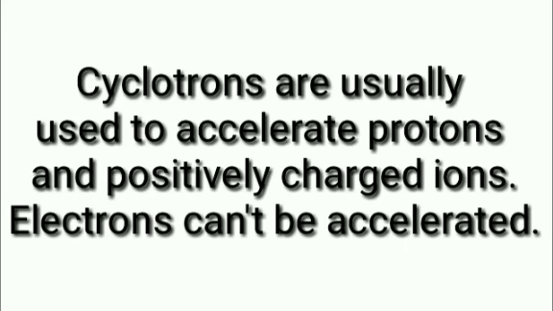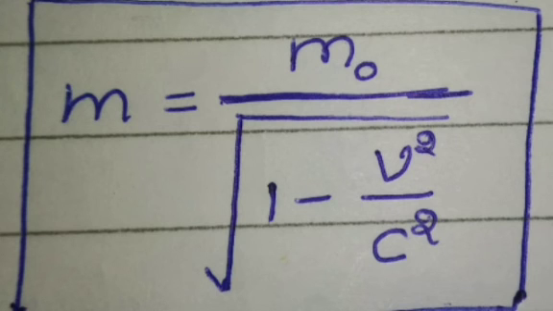So its mass is no longer constant and it varies as per the relation m is equal to m naught divided by square root of 1 minus v square divided by c square. Hence the resonance condition fails if the frequency of the oscillator and the magnetic field strength are kept constant. However, one can accelerate electrons by varying the frequency of the oscillator or the magnetic field strength in accordance with the varying electron mass.